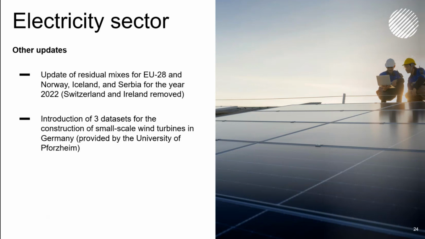In version 3.10, there are no residual mixes for Austria, Ireland, and Switzerland, as these countries fully disclose the origin of all their electricity consumption. The data is based on statistics from the Association of Issuing Bodies. And lastly, we also introduced datasets that model the production of small-scale wind turbines in Germany.